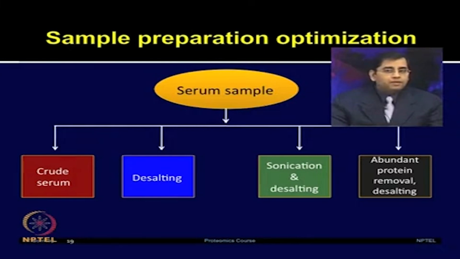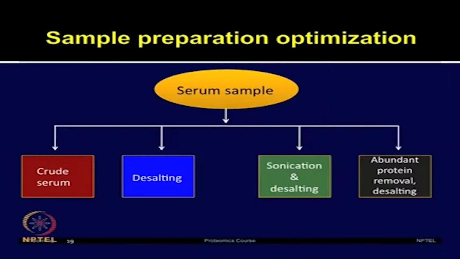Since serum contains highly abundant proteins and these commercial columns which can selectively deplete them are quite costly, considering the large number of patient samples you have to process, we thought, can we disrupt these abundant proteins and release the low abundant proteins from them by using sonication. So, the effect of sonication as well as desalting was also investigated, and then we also used commercial columns to remove the abundant proteins followed by the desalting step.